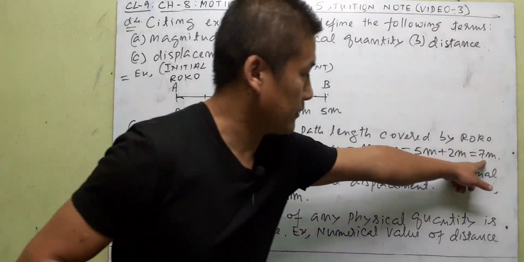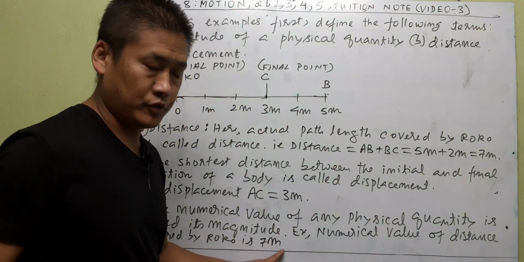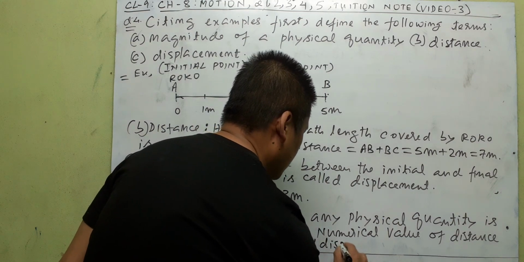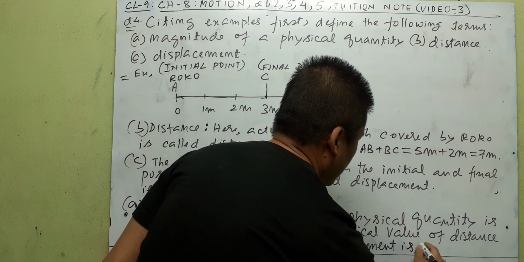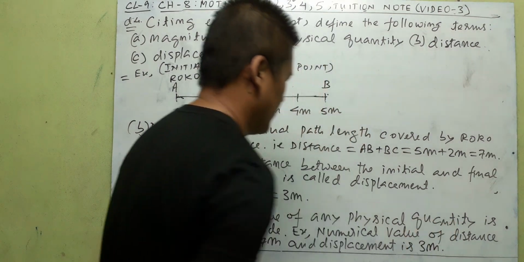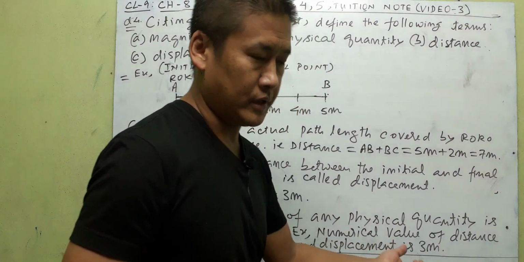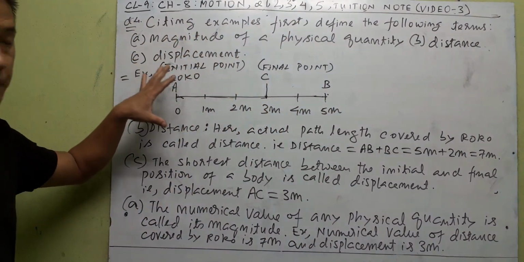Distance covered, numerical value is 7 meters. So this 7 meter is called the magnitude, and displacement is only 3 meter. So magnitude means the number value, here 7 meter, and 7 and 3, right? So that is the difference between distance and displacement.